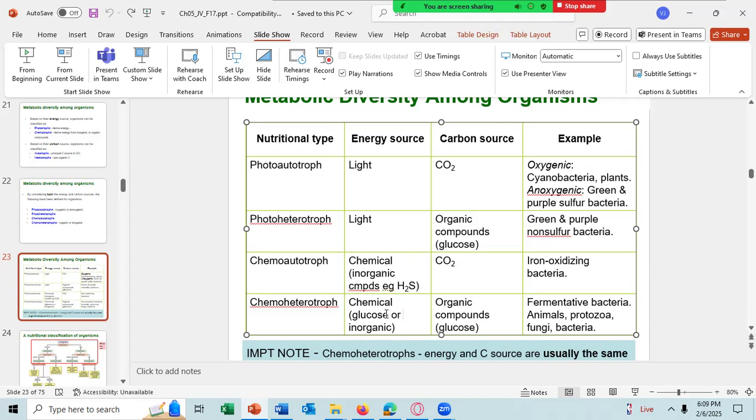Now, like I said, I've given an example of an organism that everyone knows is a chemoheterotroph, and that is animals and people. But also the fermentative bacteria are chemoheterotrophs. E. coli, when it's growing on a petri dish, is a chemoheterotroph because it can get its carbon source from the glucose in the media, and generally will use glucose as its energy source.